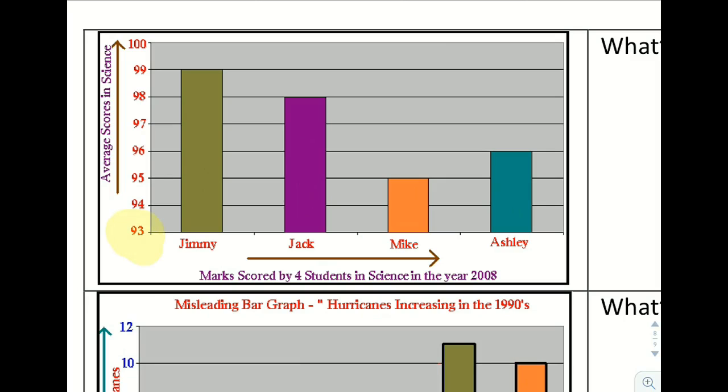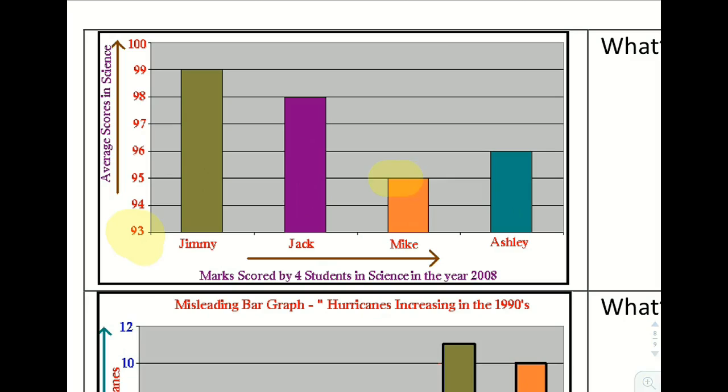Generally you want to start your graphs at 0, because that makes it clear that you're going from 0 to some number, and you can compare the amount of difference between them relative to a single starting point. This graph here starts at 93, meaning that the lowest possible on this graph is actually a pretty high number.